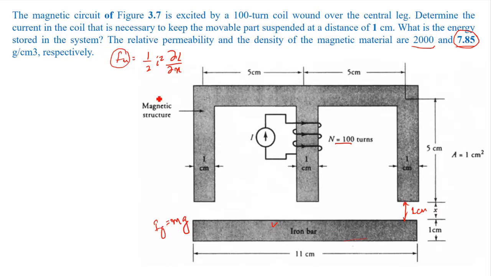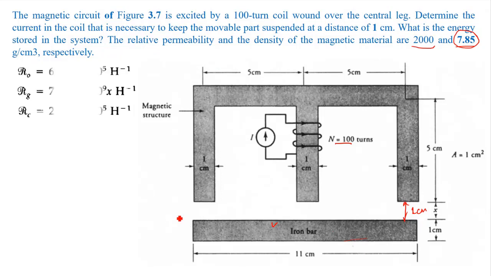So after finding both forces, in order to make this iron bar in equilibrium position, that means in the suspended position at 1 centimeter, I can equate the magnetic force with the gravitational force. So after equating, I can find what is necessary? We need the current, right? Current I can find, because L is a function of current, obviously. So here current is there, I square.